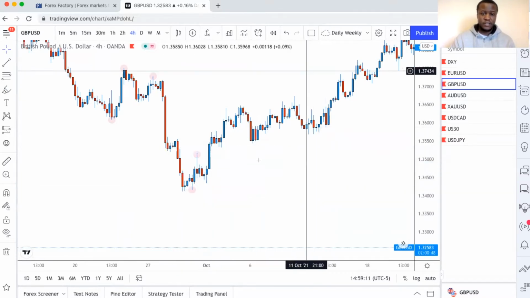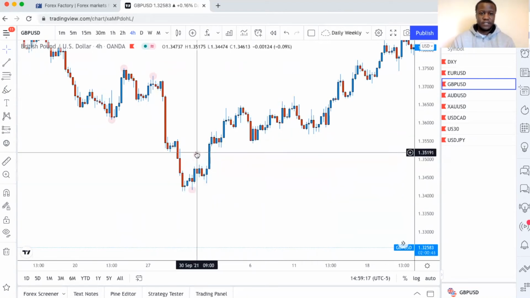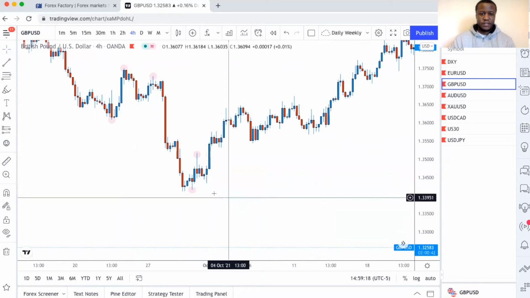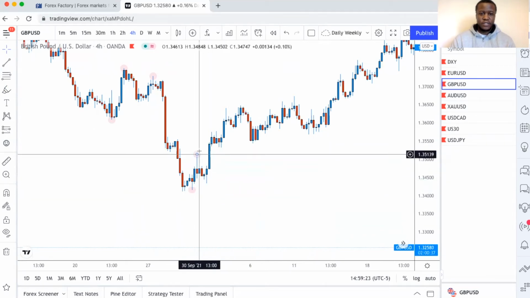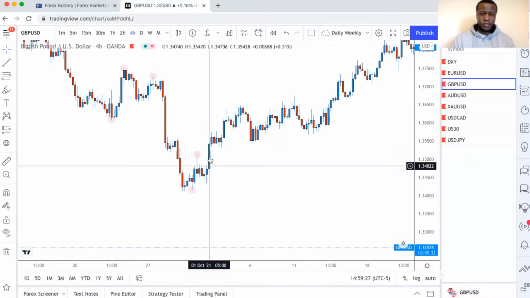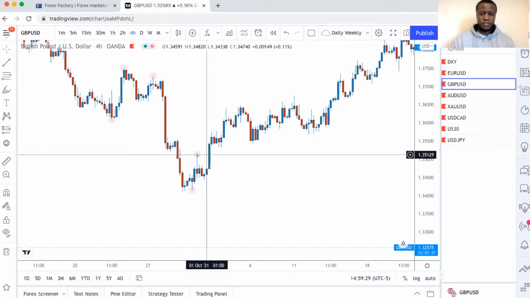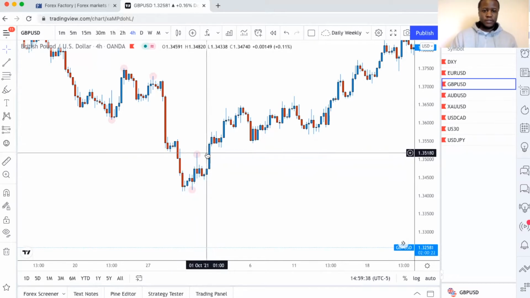And as you can see, once again, look at this. After this swing, what happens? Market structure broke right here. Market structure broke. So once you see that market structure broken, you definitely want to be looking for trades to the upside.